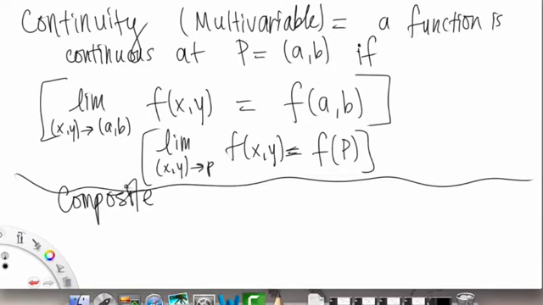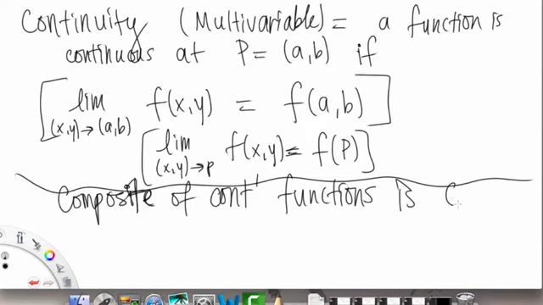That means something is composed of something else or made of something else. So the composite of continuous functions is continuous.